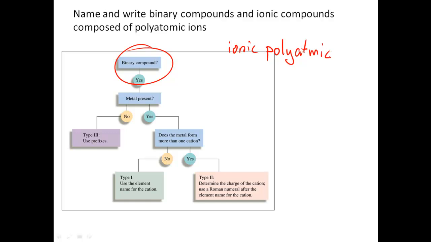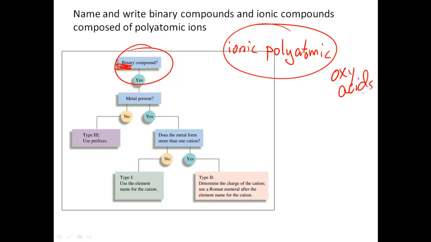So those won't be binary, they'll be polyatomic ions, and so we'll have at least 3 elements in the compound. Binary refers to just 2 elements in the compound. Polyatomic ionic compounds have more than 2 elements in the compound. And we will be learning to name acids that contain oxygen. So those are the 3 kinds of compounds we're going to learn to name in this chapter.